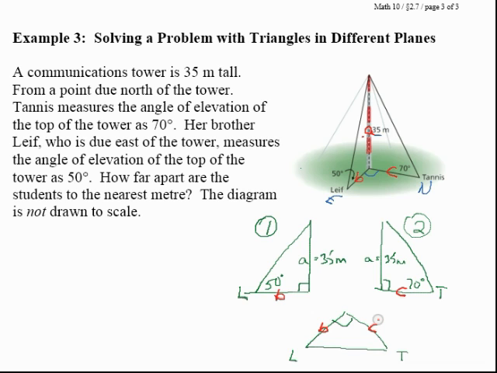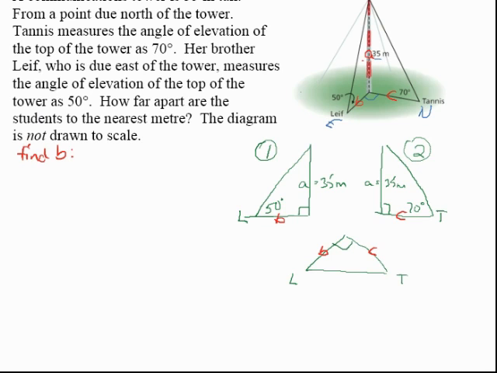I'm going to continue on now with finding B. The first thing we need to do is find B, because if we can find B and C, we can use Pythagoras to find the distance between L and T. So to find B, this is a tan question, so I'm going to go tan theta equals opposite over adjacent.